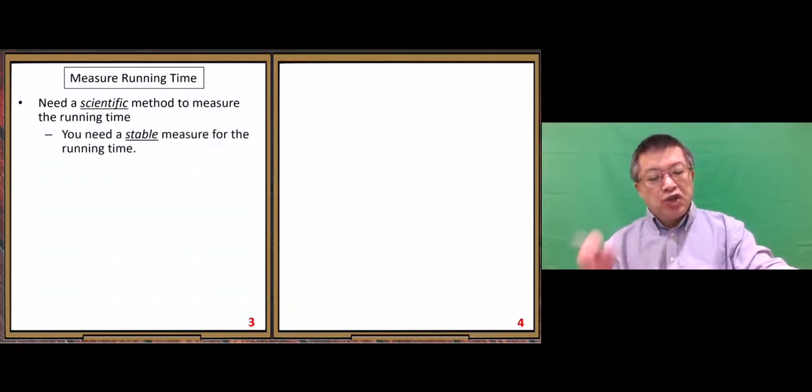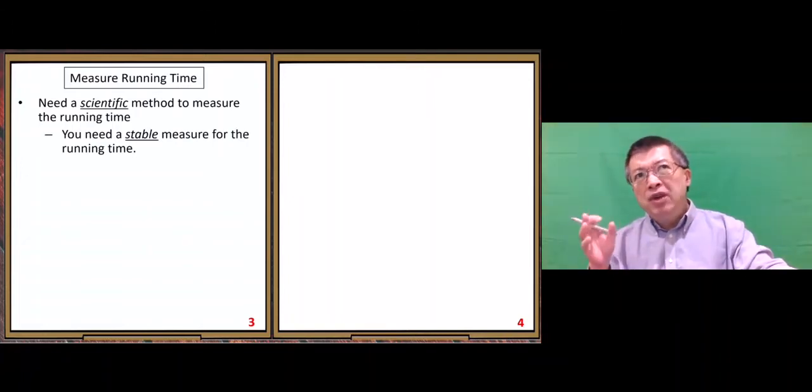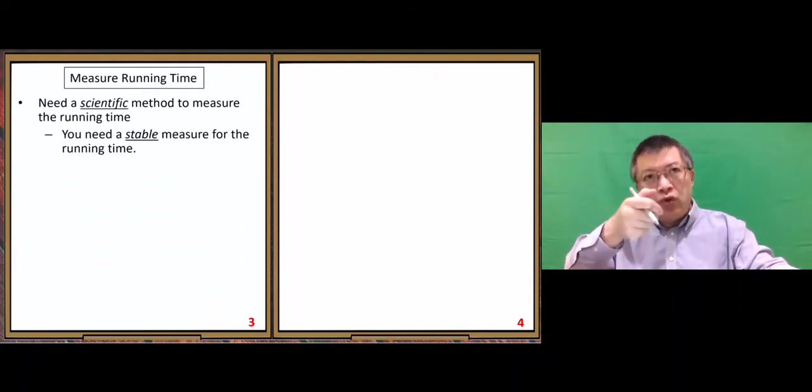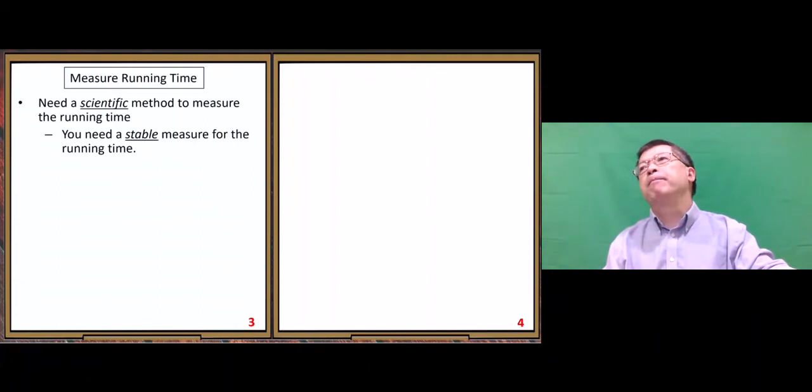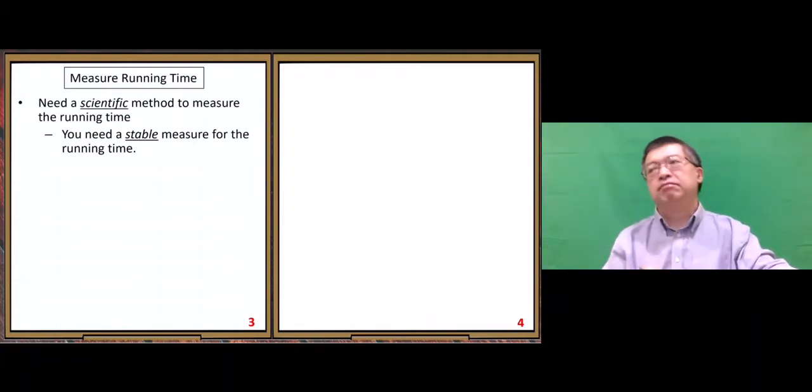First, the measure should be stable regarding the running time. If we really clock the actual execution time, that's not very stable, because many factors can change that execution time.